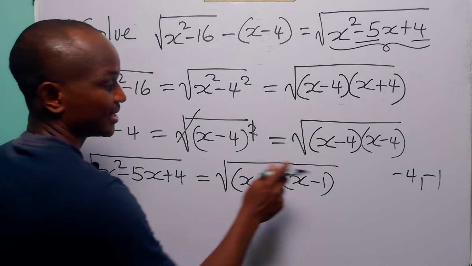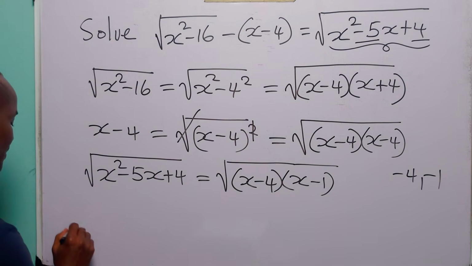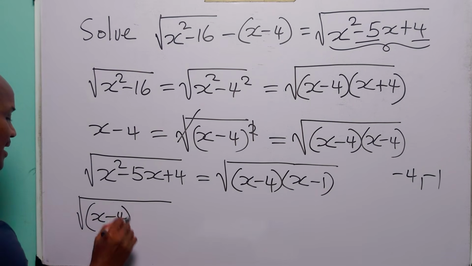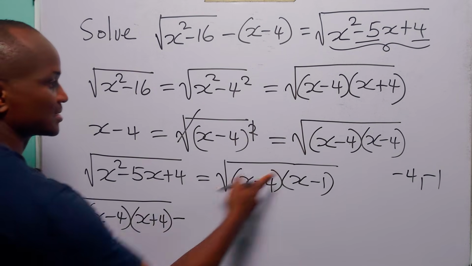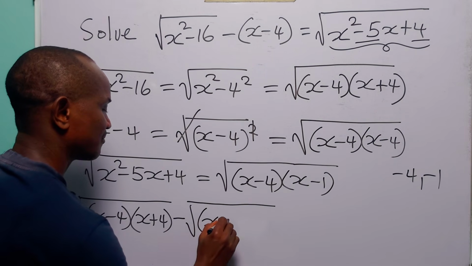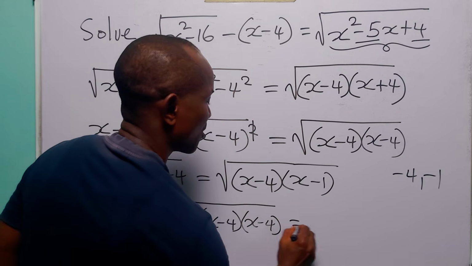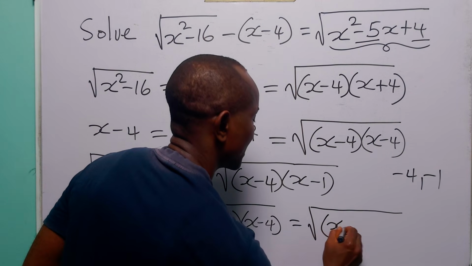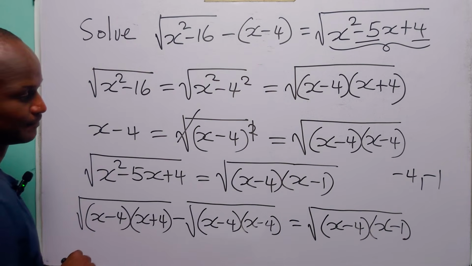Now with these three simplifications, we can now write this equation as the square root of x minus 4 times x plus 4 minus the square root of x minus 4 times x minus 4 is equal to the square root of x minus 4 times x minus 1.